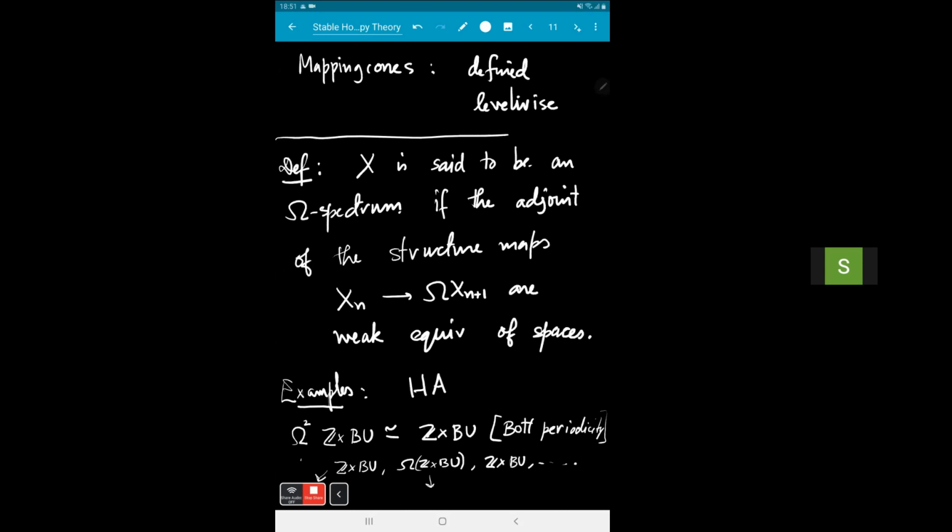This gives you a spectrum which I write as KU, and this represents a cohomology theory, namely complex K-theory. So this is the complex K-theory spectrum. Similarly, you have a similar construction for real K-theory.